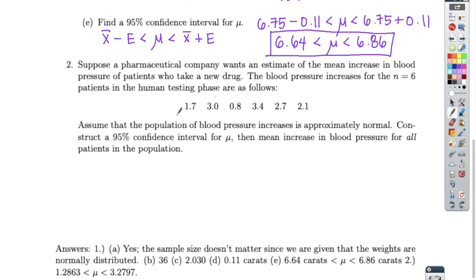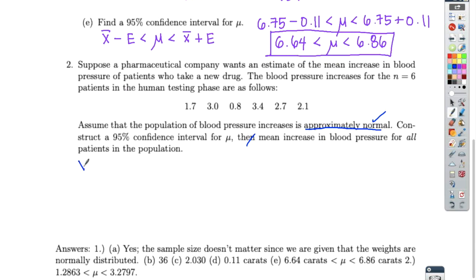That's a very small sample, so this next statement is very important. Assume that the population of blood pressure increases is approximately normal. That's good because 6 is not a big enough sample that we could overlook it if it's not normal. Construct a 95% confidence interval for mu, the mean increase in blood pressure for all patients in the population.